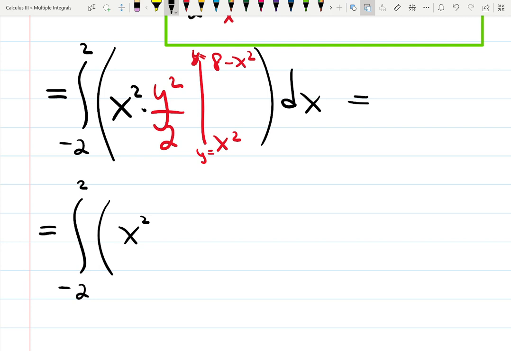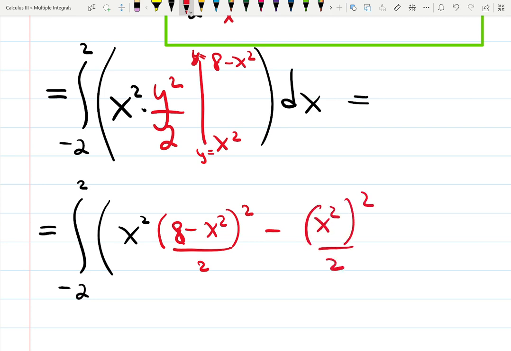Don't touch x squared, it's a constant. y squared becomes 8 minus x squared over 2, minus x squared over 2, and that is also multiplied by x squared dx.